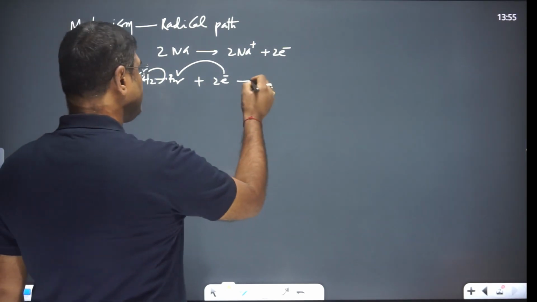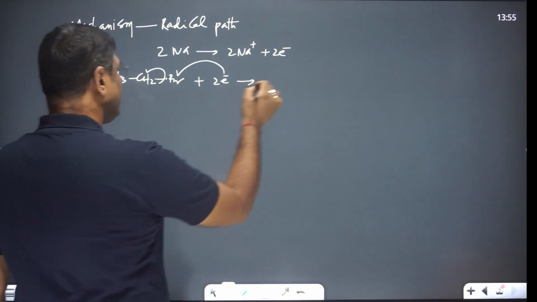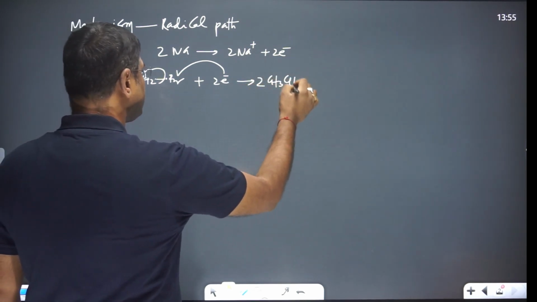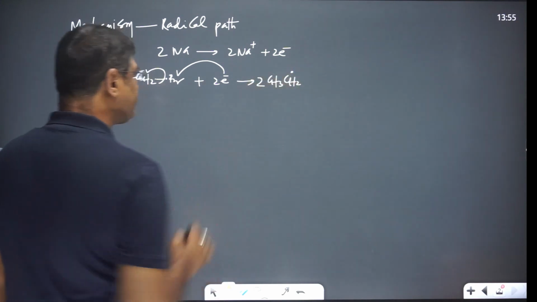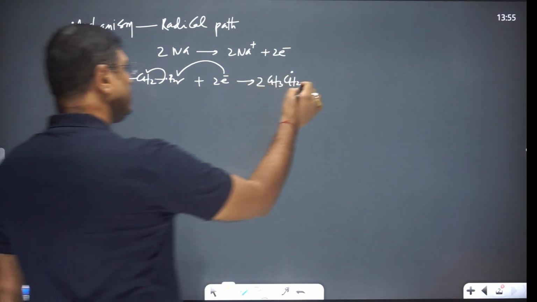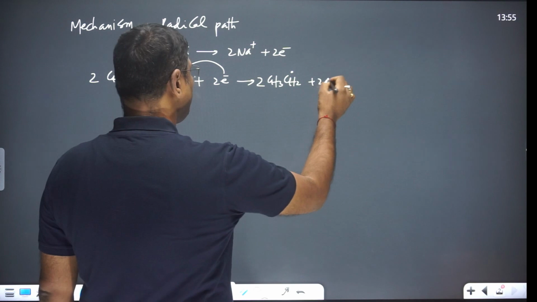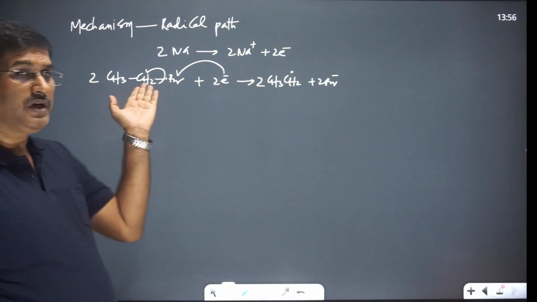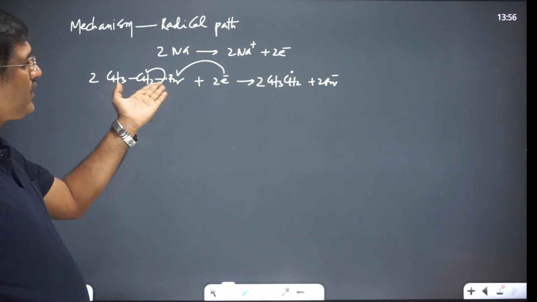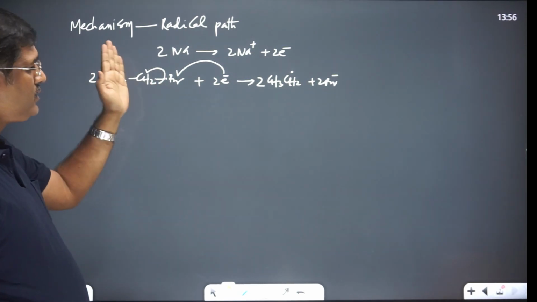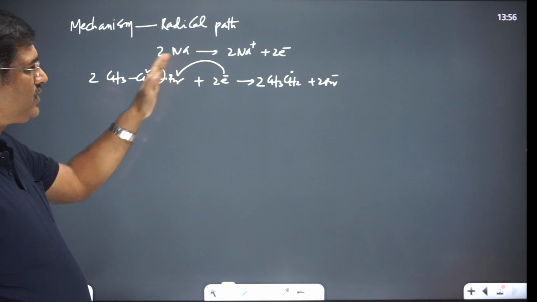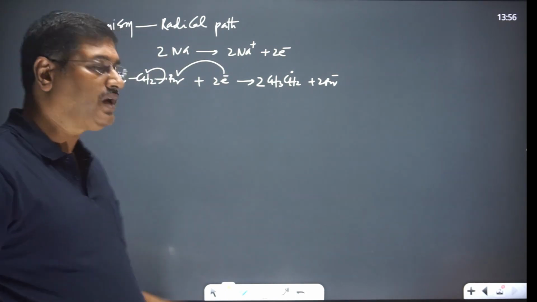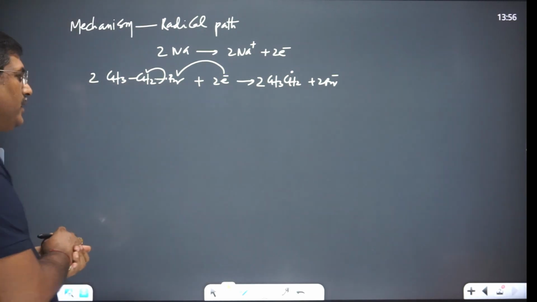As a result of this, we get 2CH3CH2 free radicals and 2Br minus, because Br has 1 electron that it retains, and 1 electron it takes from the sodium. CH3CH2 alkyl free radicals form.